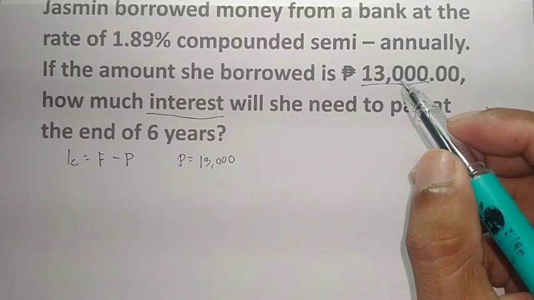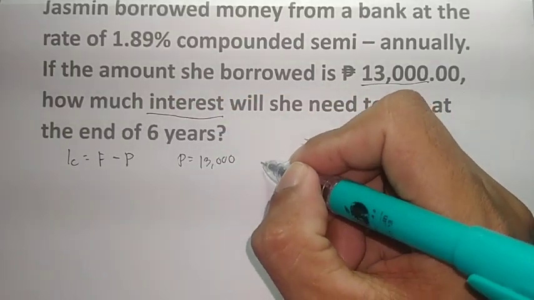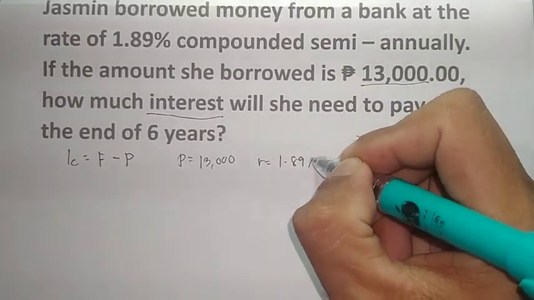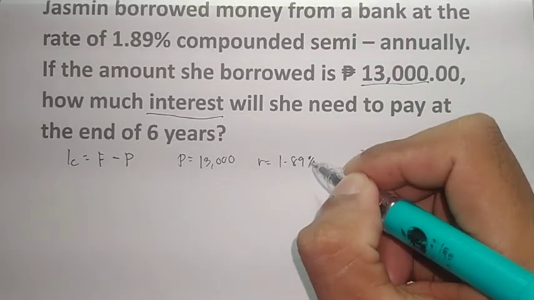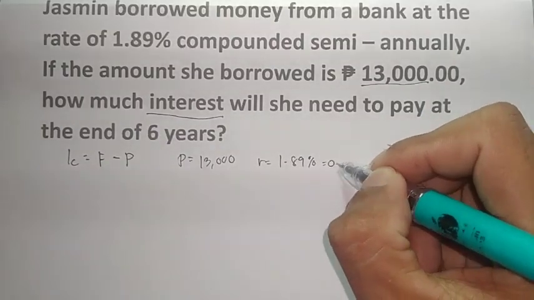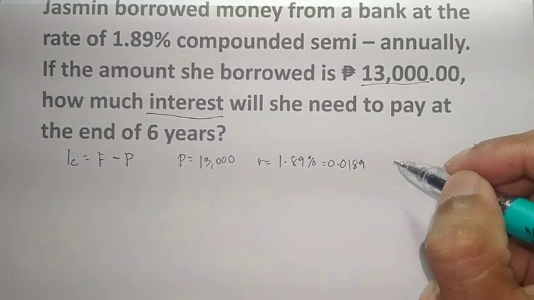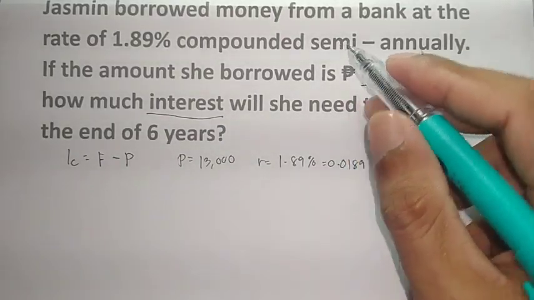The 1.89% is the rate, or in decimal form, we just divide it by 100, so it is 0.0189.